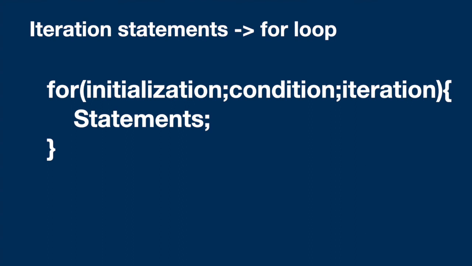So inside these curly braces we will execute the statements as long as the condition in the for loop is true. Okay, if it's false, we will exit from the for loop.